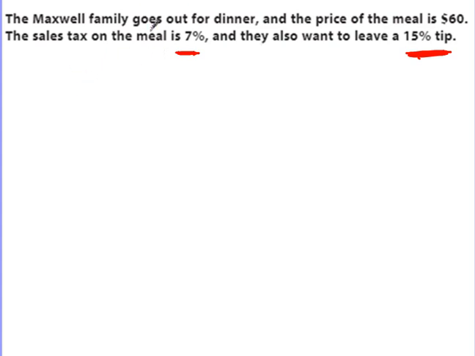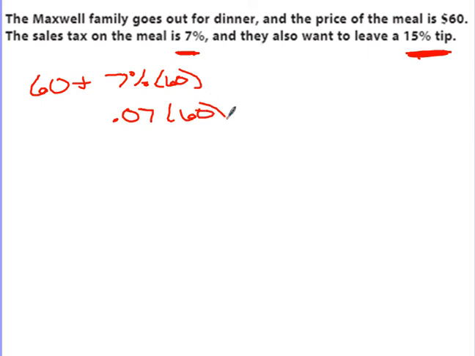So for that $60 meal, we're going to figure out what the 7% markup is. If I have $60 and the 7%, I need to figure out what 7% of 60 is. So there's my original amount plus my 7% of 60, which we really know is 0.07 times 60.